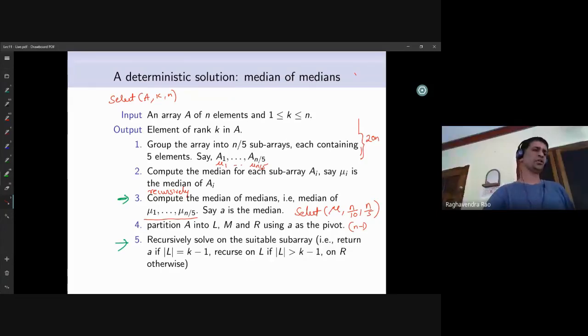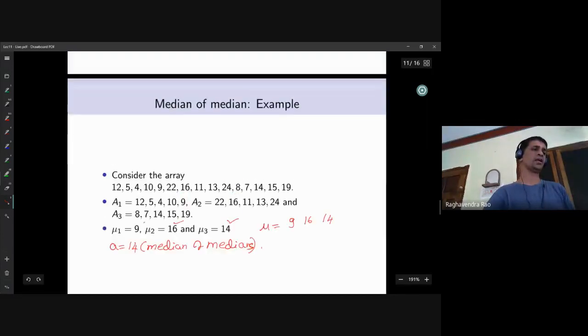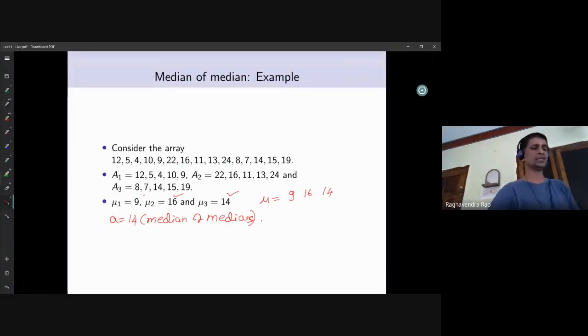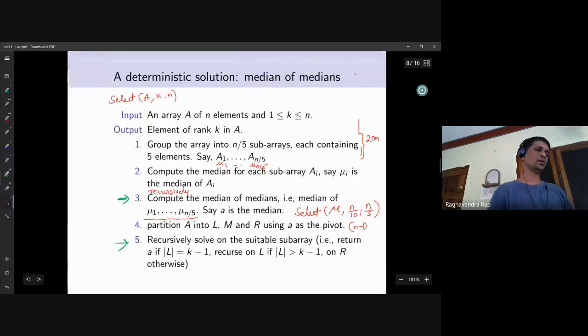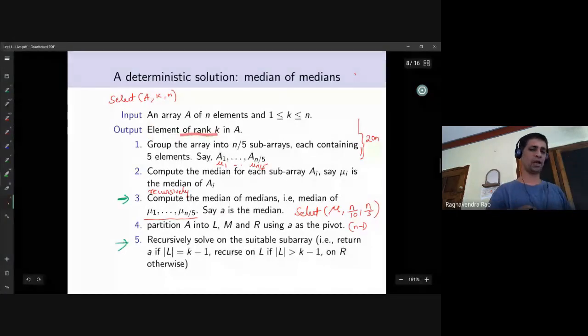So based on your terminating condition, this may be a recursion or it will just terminate. But it's certainly a recursion at this level. Because the size itself is less than 5, there's no point in recursing further. Here we need the size of the array to be greater than 5. If the size of the array is less than 5, by brute force look for the kth element and output. That part I haven't written.